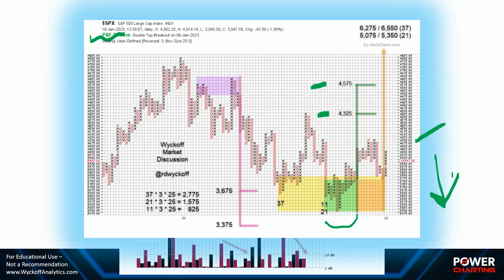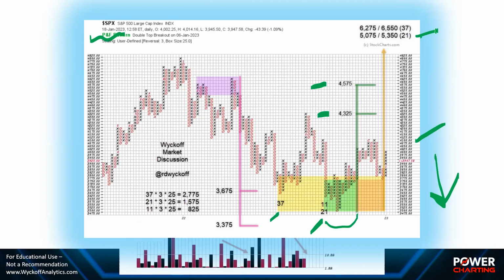So here you see this 43 and a quarter, 45.75, but we also have segmented counts. So we have a 21 column count and a 37 column count. The 21 column count gets us 50.75 to 53.50. That's a new fresh high in the S&P 500 above the 2021 bull market peak.